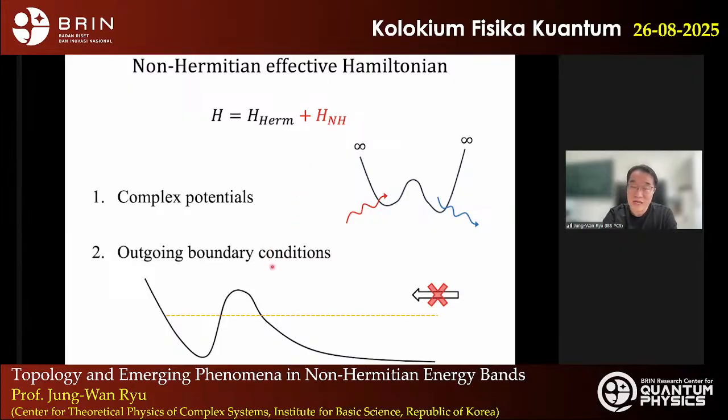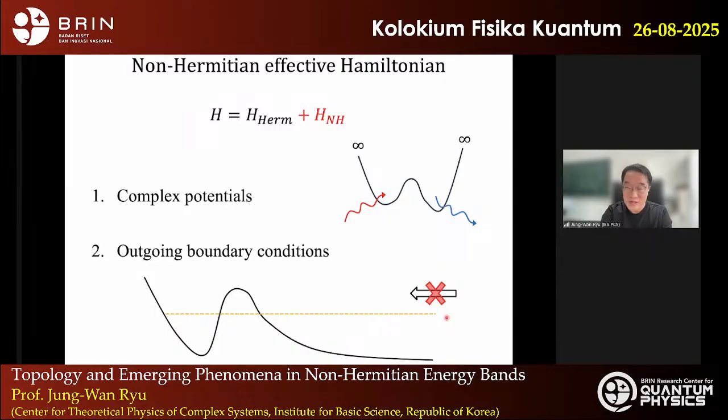For example, if we have a cavity like this, there is the resonance mode here, and there is decay in this direction, but there is no incoming wave. We can obtain the resonance mode, and this resonance mode has a lifetime, and its eigenvalue can be complex using this outgoing boundary condition. So we can make the non-Hermitian Hamiltonian in other ways, but these two are very typical ways.